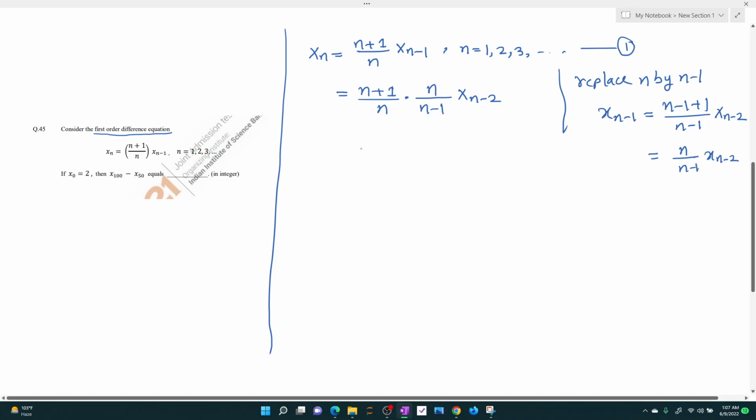And this follows the same pattern. So the next term here will be (n plus 1) upon n into n upon (n minus 1), and the next will be (n minus 1) upon (n minus 2), and this will become x_(n minus 3), right? So continue in the same way.